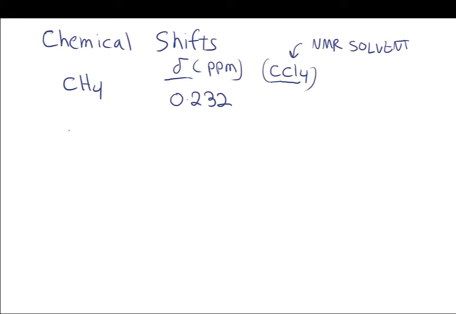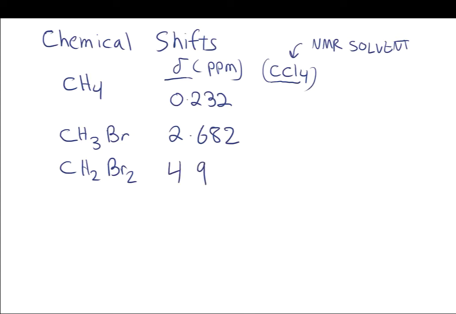So the chemical shift of methane was 0.232 parts per million. And I would imagine they bubbled some methane through their solution to get enough methane into the solution, since methane's a gas. The same for methyl bromide, that's also a gas. And the NMR chemical shift was measured to be 2.682 parts per million.